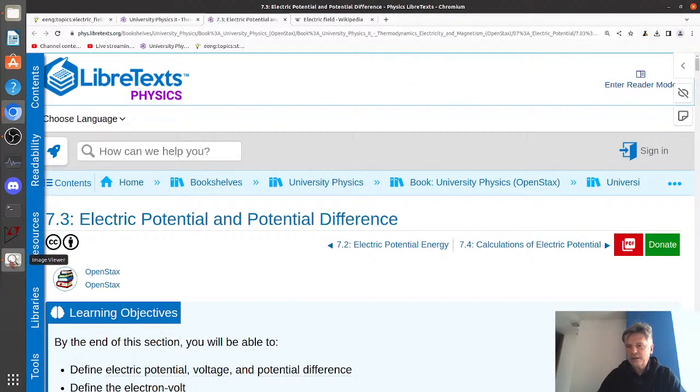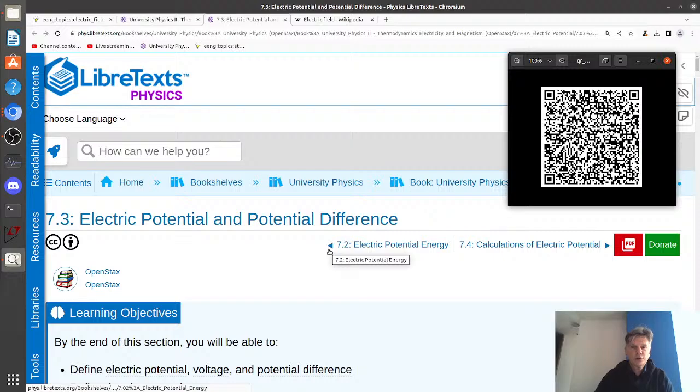I prepared a QR code for you so that you can immediately access this book chapter. But I'm explaining these things in my own way, so I'm deviating a little bit from this. Anyway, it's a very good source, and I recommend doing the exercises in this book.